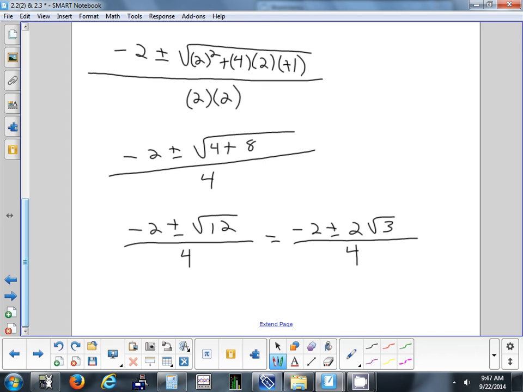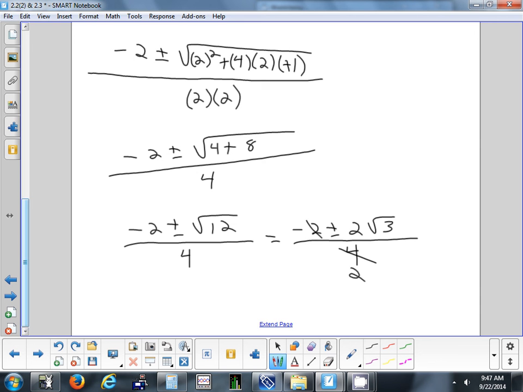And I simplified it because what's going to happen now? How about Silvio? What can I do there now? You can factor out 2 from everything. Yeah, we can factor 2 out from everything, not what's under the root, just everything that's outside it. So 2 goes into 4 how many times?